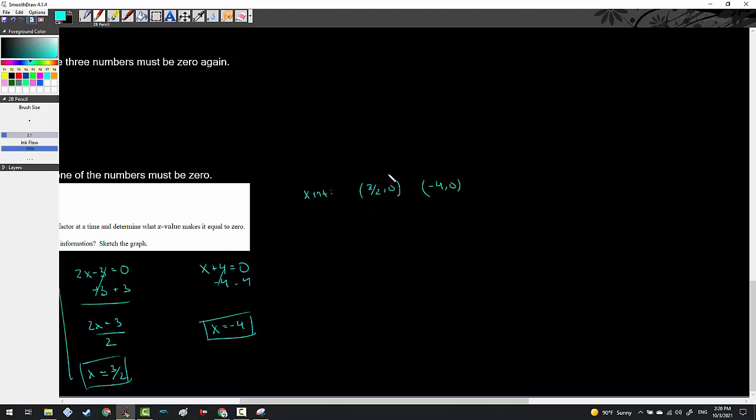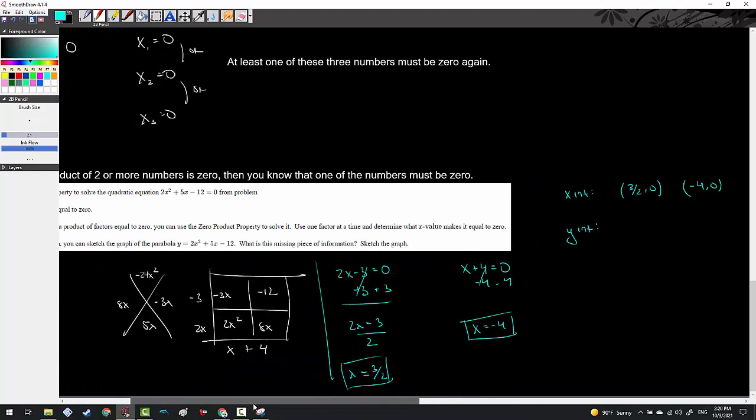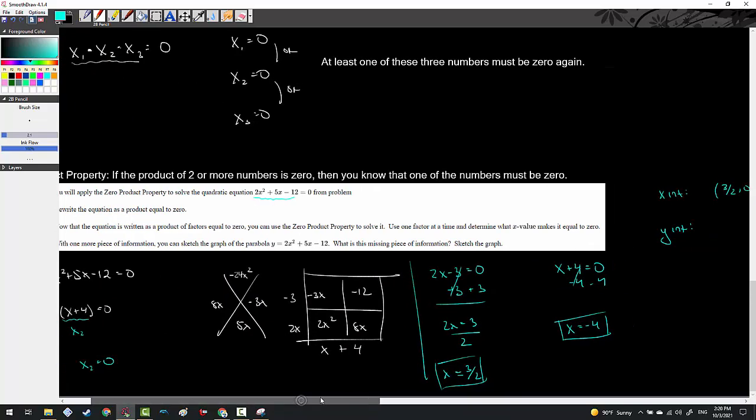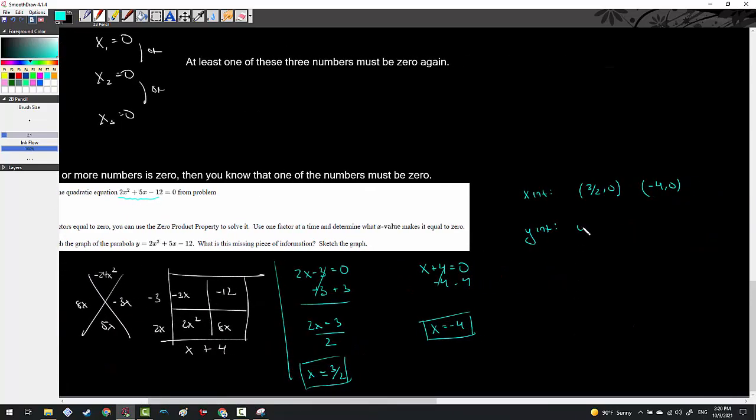That was the whole point of the problem, to find the x-intercepts. We know the y-intercept: if all the x's become 0, then y equals 2 times 0 squared plus 5 times 0 minus 12. Looks like I'm going to get 0, negative 12.